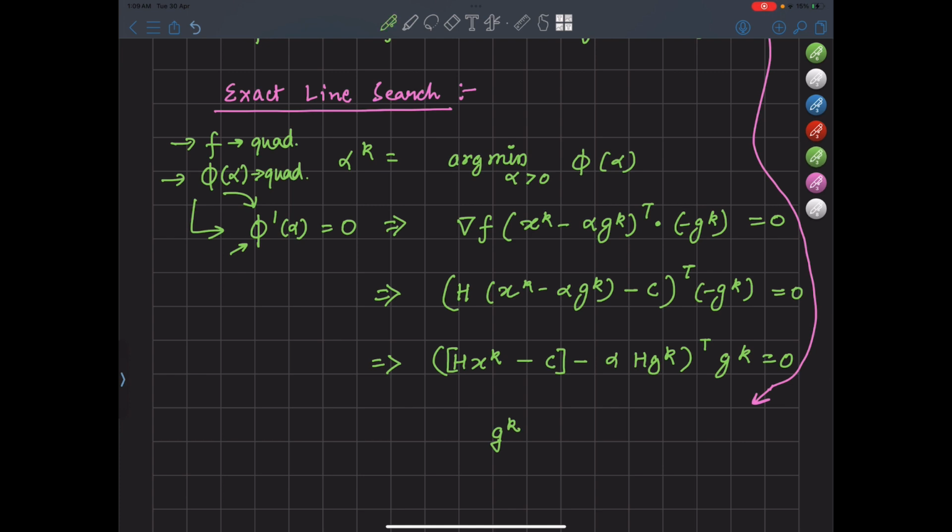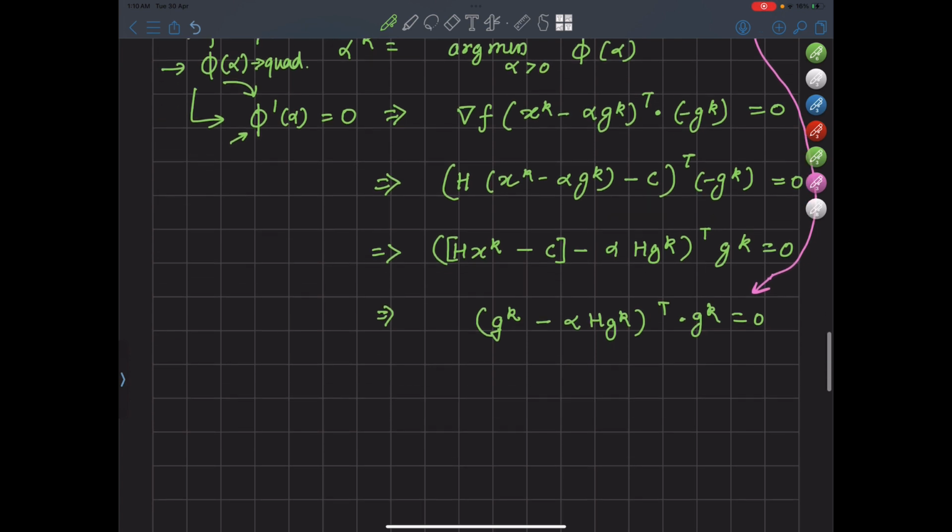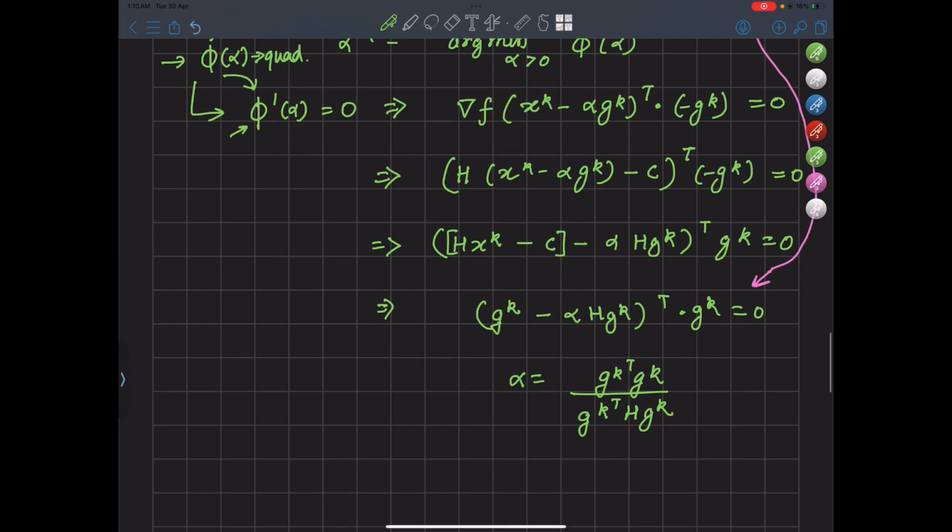So g_k minus alpha Hg_k, transpose, times g_k equal to 0. And if you try to solve this, what you'll get is alpha equal to g_k transpose g_k upon g_k transpose H g_k. This is the step length for steepest descent method and exact line search.